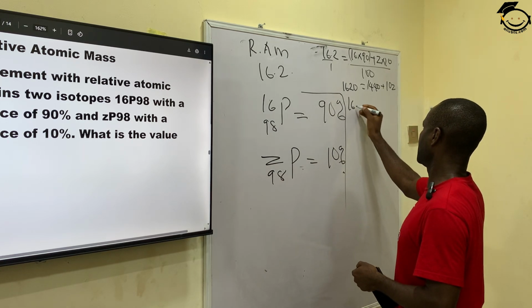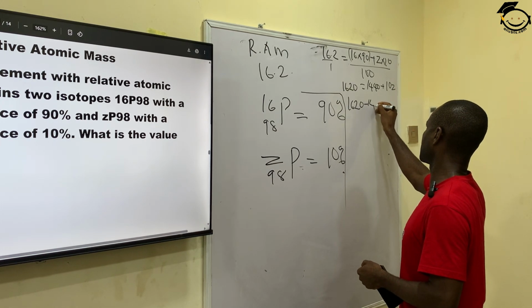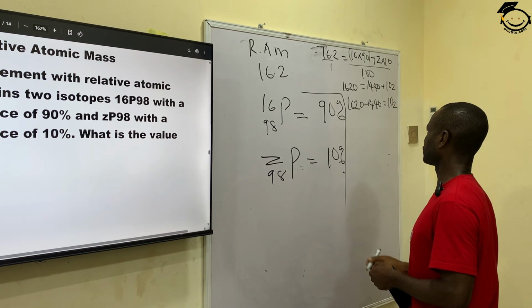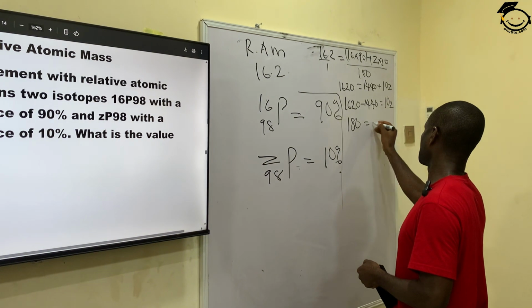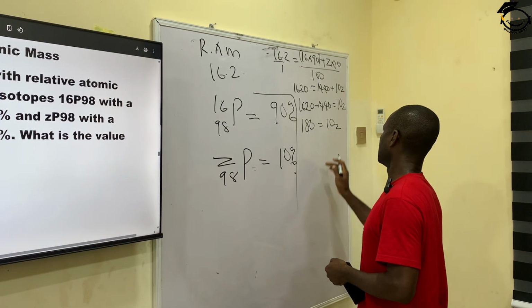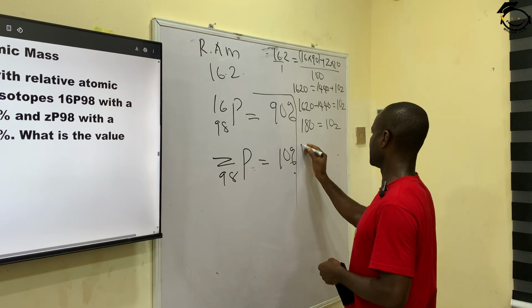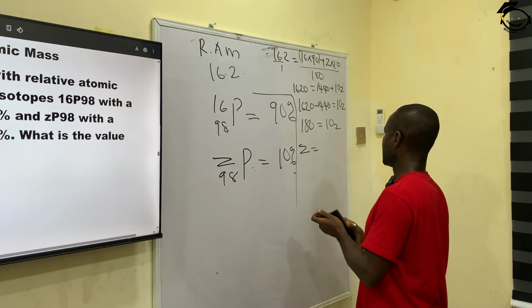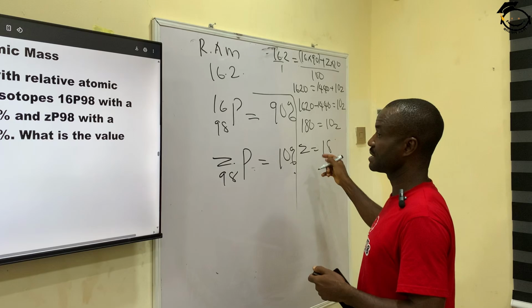Bring like terms together: 1620 minus 1440 gives 180, which is equal to 10Z. Making Z the subject, divide both sides by 10 and Z equals 18. So the value of Z here is 18.